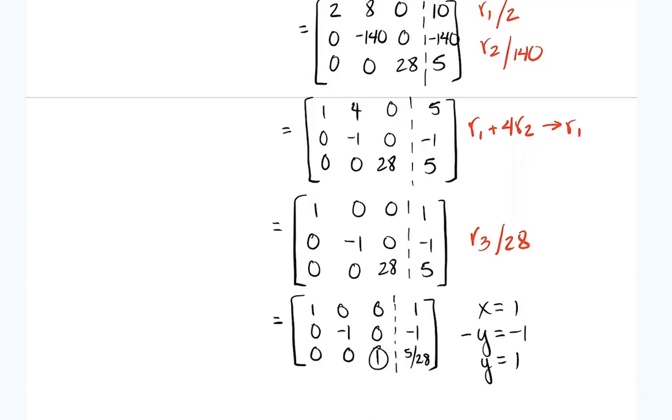And since 1 is also the coefficient of z, we can say that z equals 5/28. So the solution to the system is x equals 1, y equals 1, and z equals 1/28.